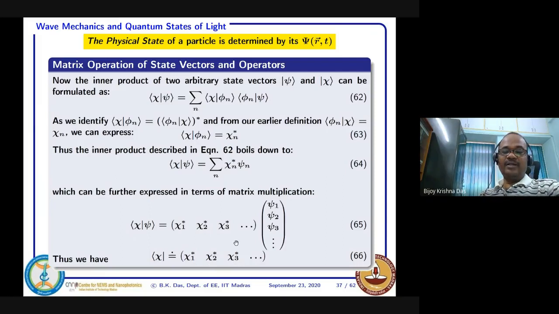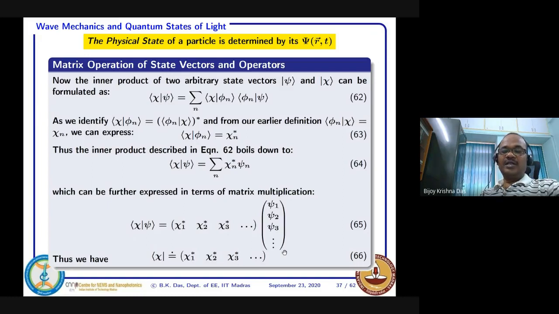So whenever you are writing psi as a column vector, a ket vector, but if you want to represent it as a bra vector, it will be just a row vector with psi 1 star, psi 2 star, psi 3 star.